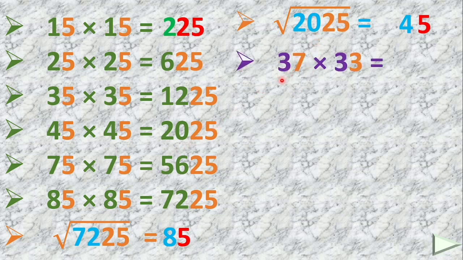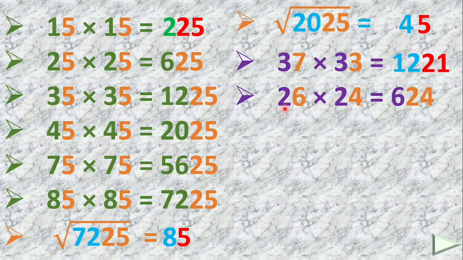Now again, 37 multiply 33. Here unit digit sum is 10 while tens digits are same, so 3 4s are 12 and 7 3s are 21. Next, now 2 3s are 6, 6 4s are 24.